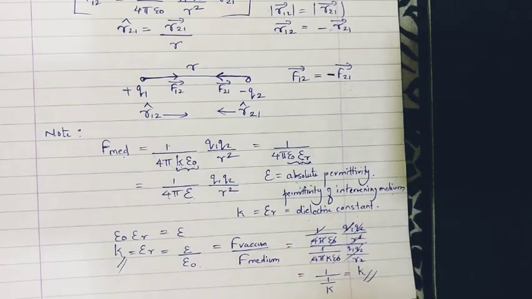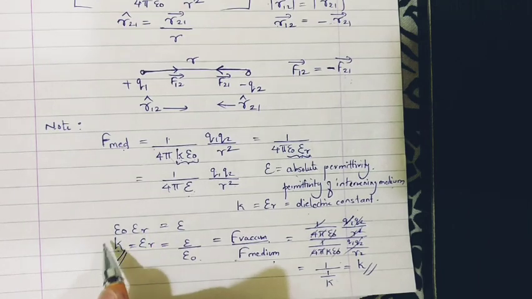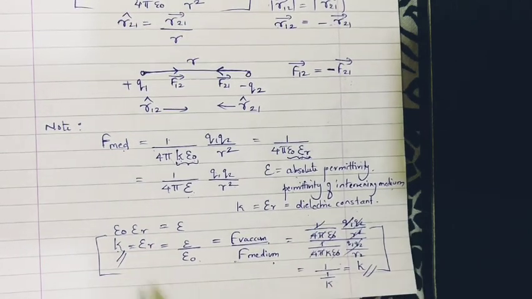You'll get back the same thing. So this is how you get this formula. So F vacuum upon F medium is equal to the dielectric constant, that you have to remember. This is important from your entrance exam point of view.